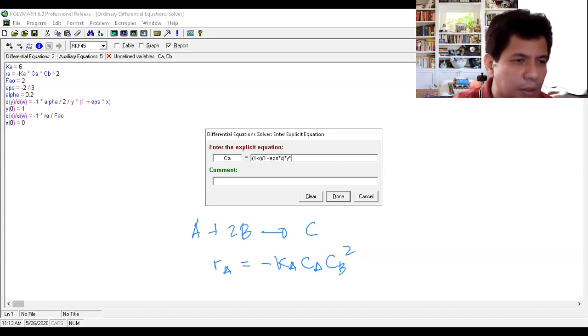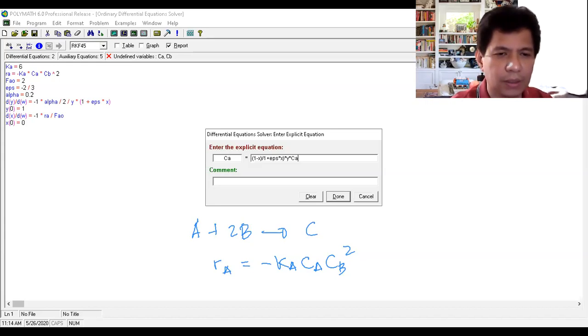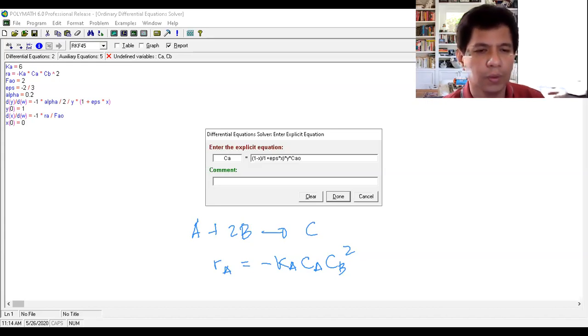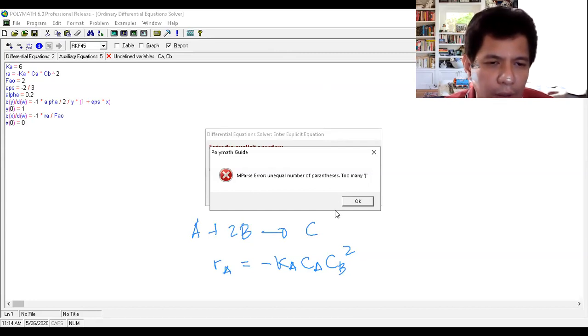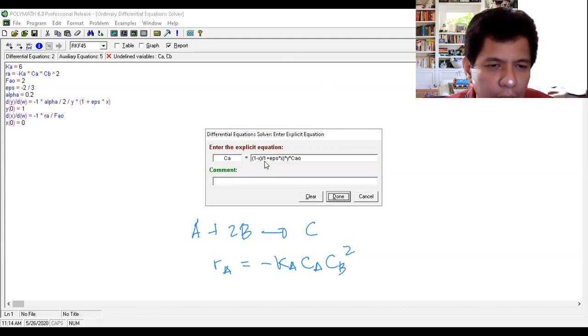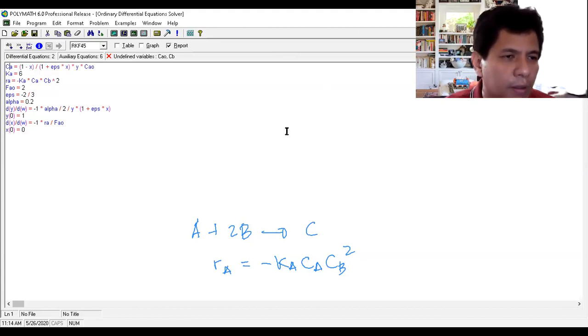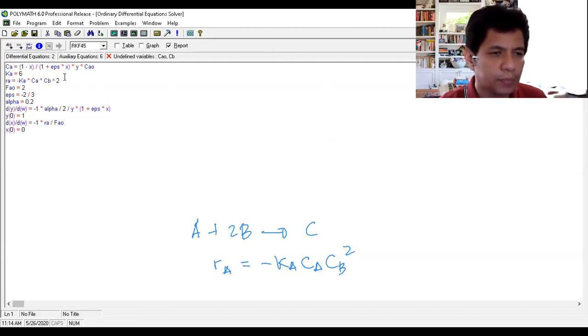Okay. We have not yet defined the CAO, so let's use capital CAO. Okay. So if you're going to enter this equation, we have not closed this in parentheses. Okay. So as you can see, we need to define CAO for this equation.